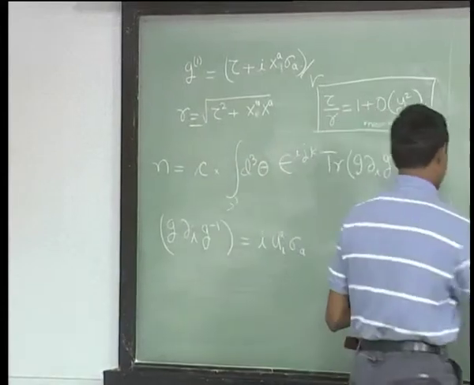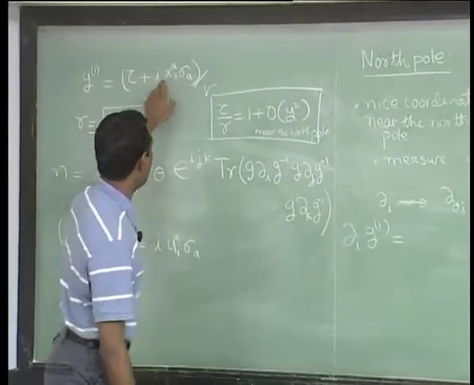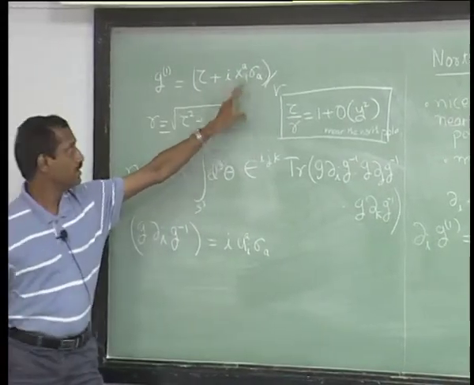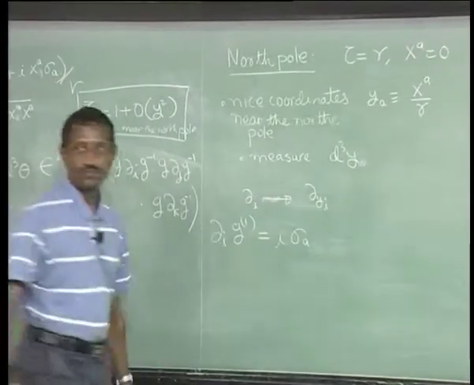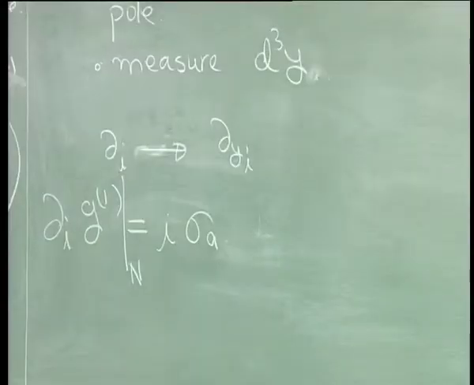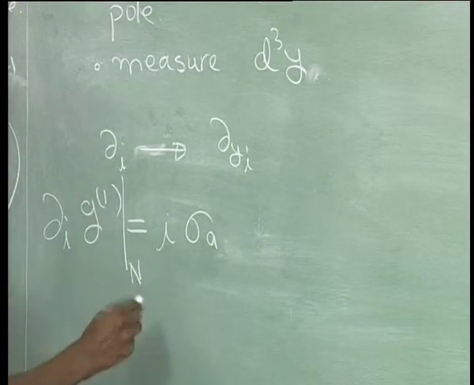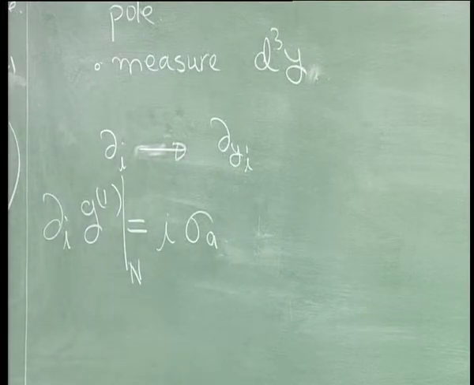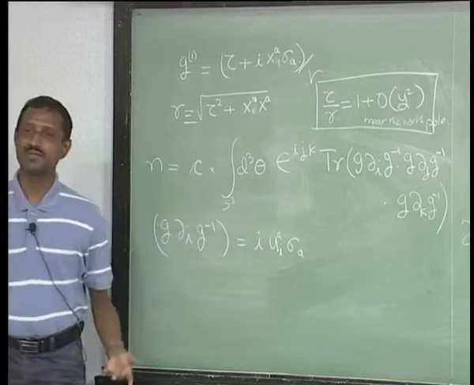So you can see that d_i of g1 is just i y^a, this is x^a by r, is just i sigma^a at the north pole. Okay. And we want to get g inverse, so it is not hard to see that the inverse of that will come with a minus sign.